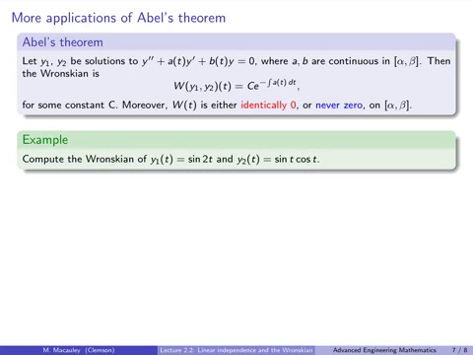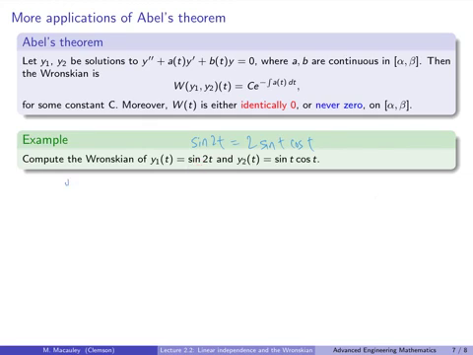But this is one of those trick ones, because recall the trig identity that sine of 2t equals 2 sine of t cosine of t. So these two functions are clearly not linearly independent, because if I take one of these and negative 2 of these, then I get 0.